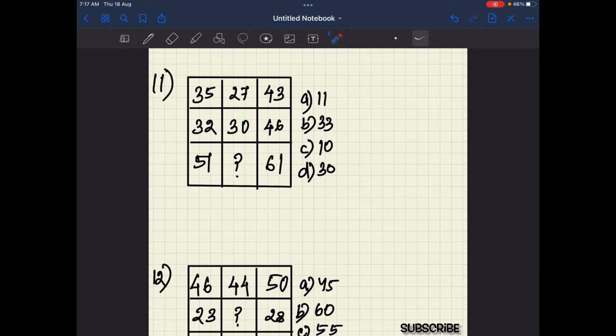So some operations may be performed on these two so that we get the resultant element, or something would have happened between these two, so we would be getting this. You have to find out the logic, what is happening.